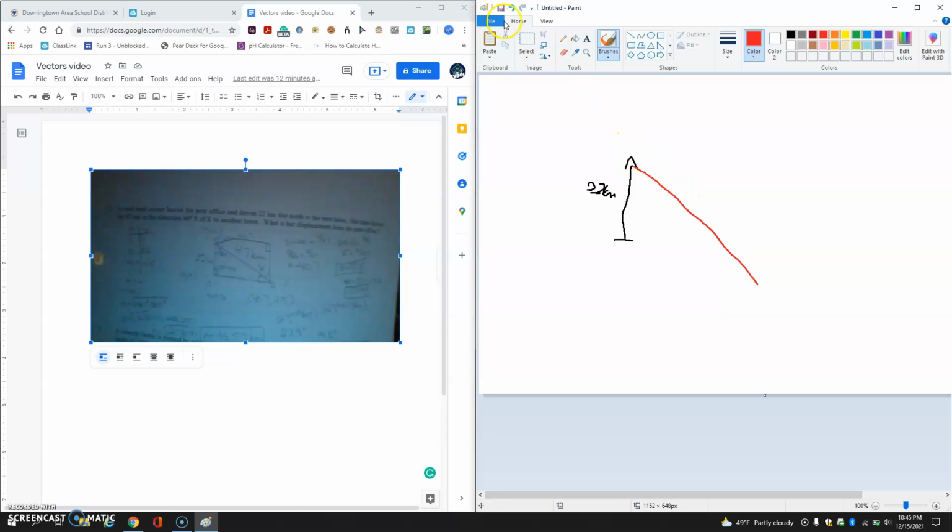Maybe not that long. We'll just go that long. So then you have this one being 47 kilometers, and you've got to remember that this is 60 degrees.